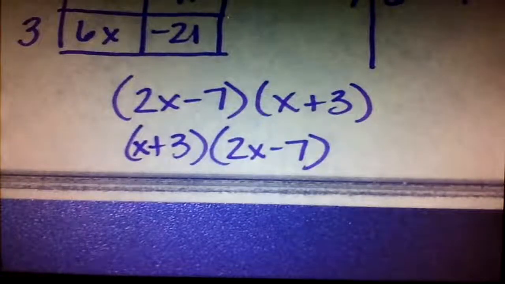The properties of mathematics say that 2 times 3 and 3 times 2 are the same thing. It doesn't matter the order that you're multiplying.